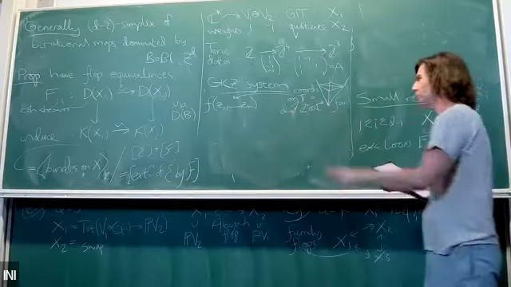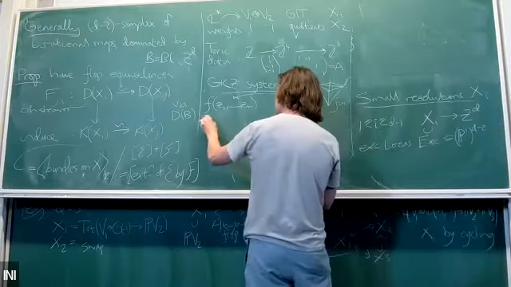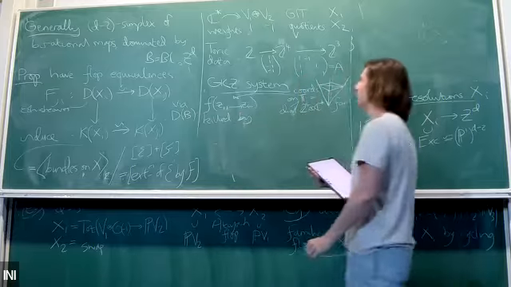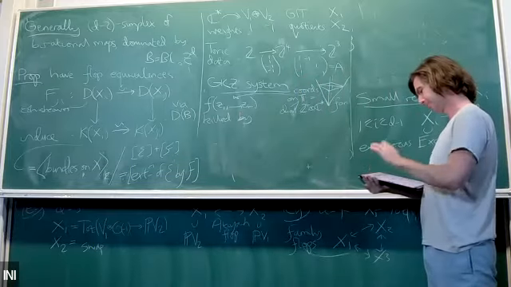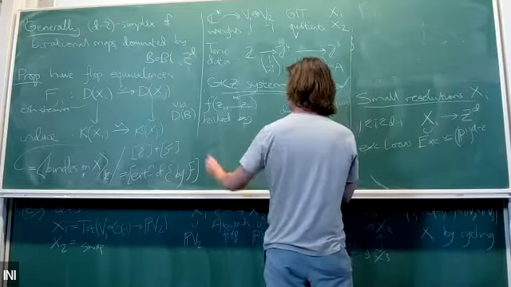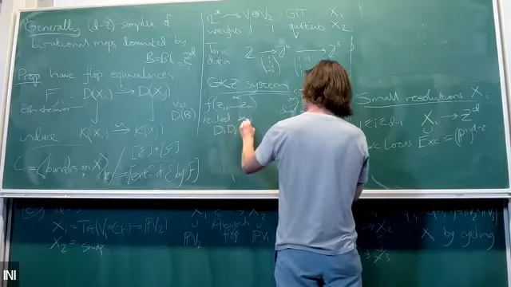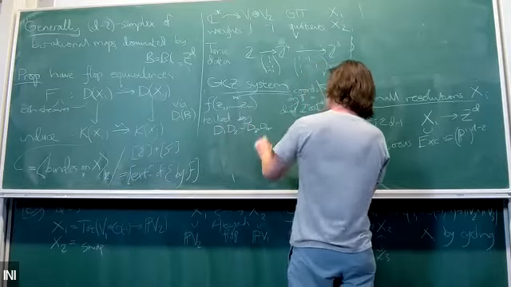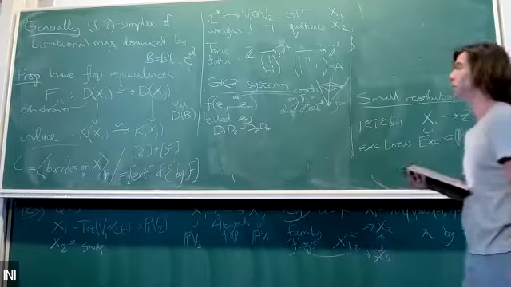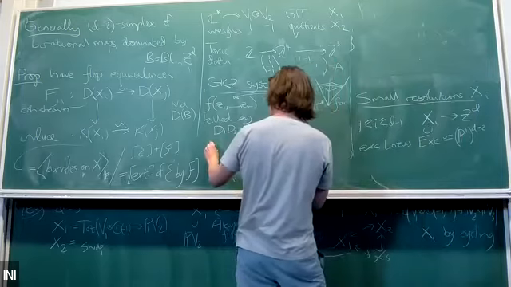And this function should be killed by the following differential operators. So d1, d2 minus d3, d4. So that's coming in an obvious way from this vector.